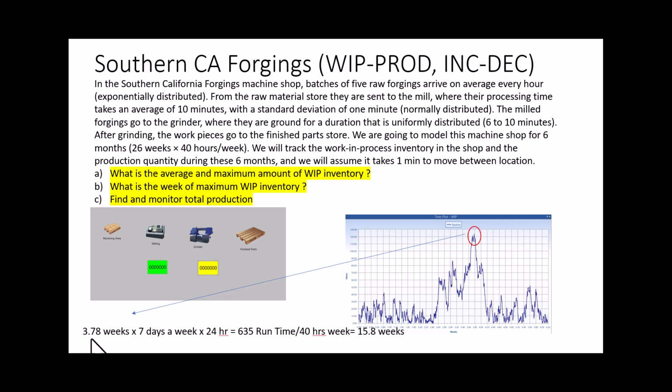So now we need to translate that in number of hours, 7 days a week times 24. So we have about 635 runtime. And remember, each week is about 40 hours of working week, so it's about one shift. And if we divide that, we find out how many weeks of work we actually found the maximum inventory.